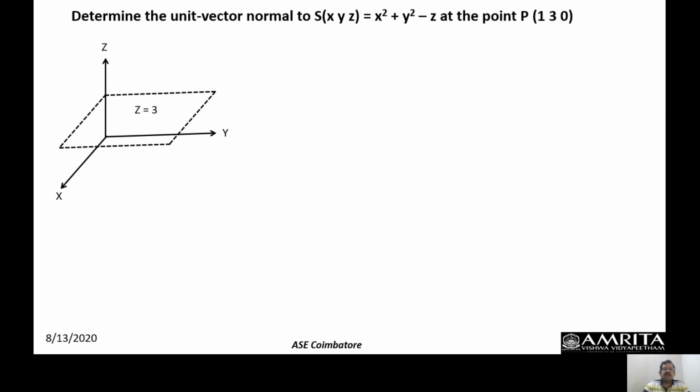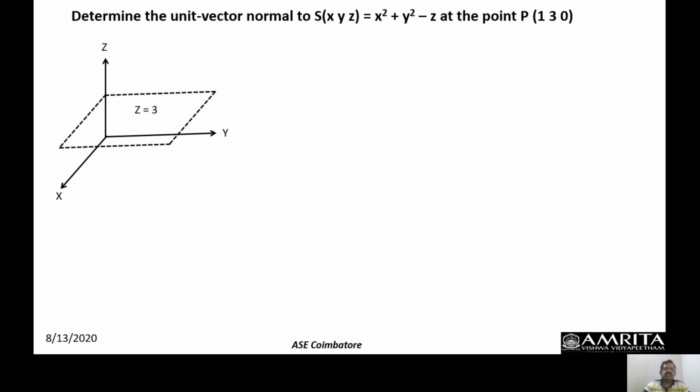Before that, to answer this question, what is a unit vector normal to a plane? There are several familiar planes or surfaces that we know of. For example, let us take the Cartesian coordinate system and consider a plane z equal to 3. What is the normal vector to this plane?